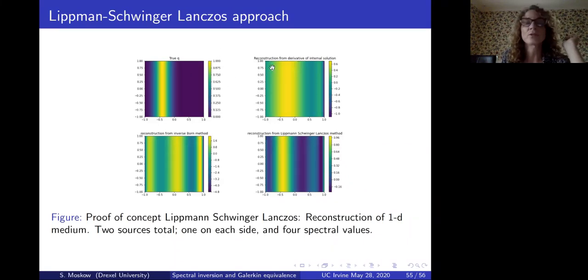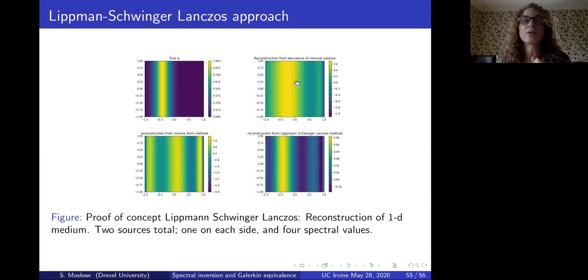Let's start with the Born. If we were to do inverse Born, that is, take this data F and directly put in the background solution for U in Lippmann-Schwinger, we see that we get something with some false reflections coming from the multiple scattering.